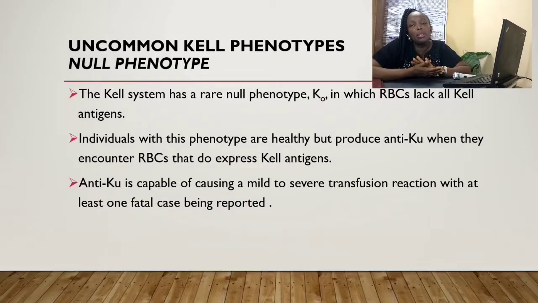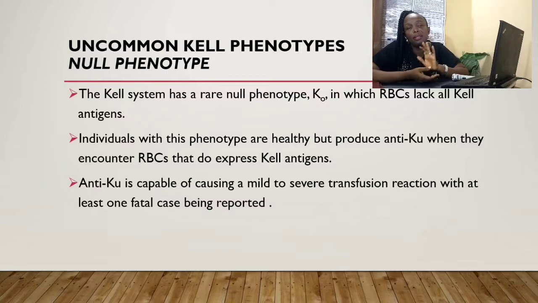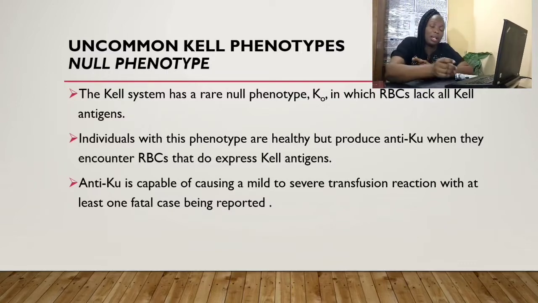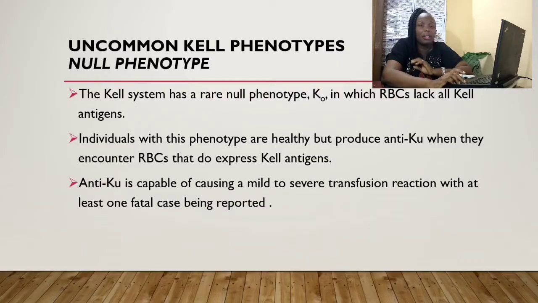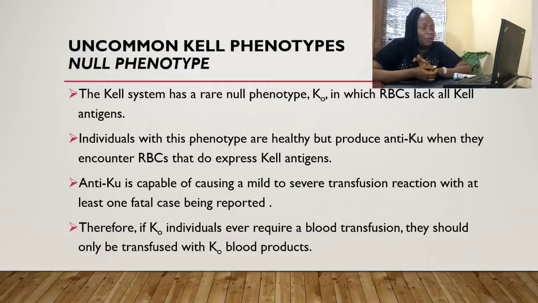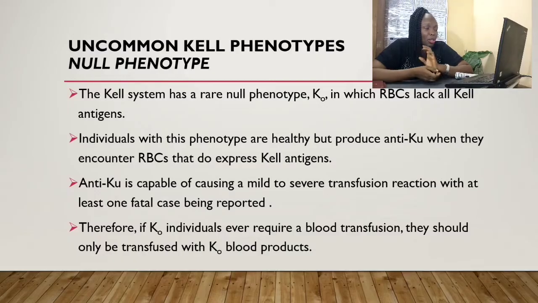Otherwise, they will produce this antibody, anti-KU, that can react with any blood that has any Kell antigen. Therefore, if K null individuals ever require a blood transfusion, they should only be transfused with K null blood products.